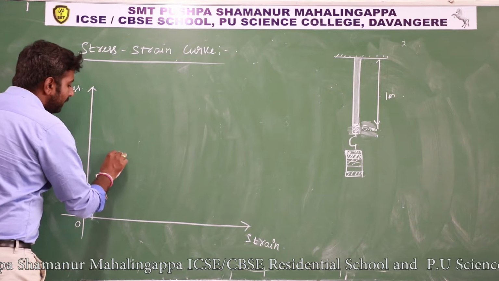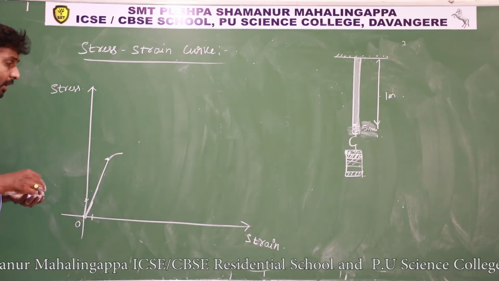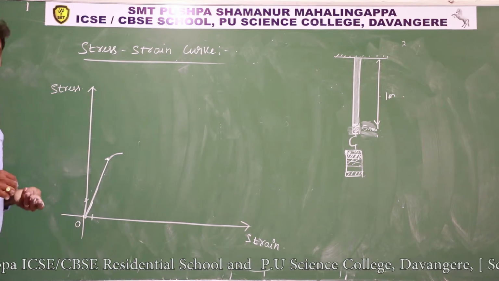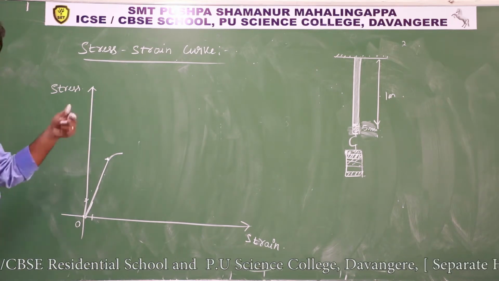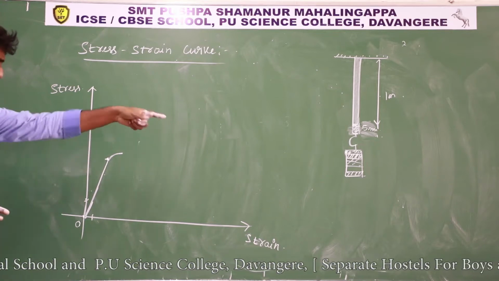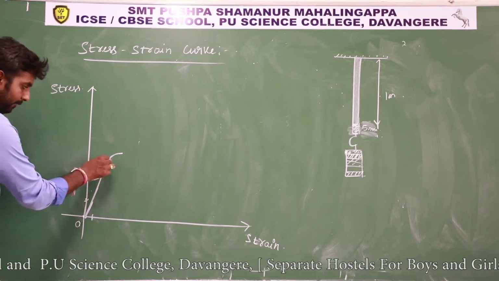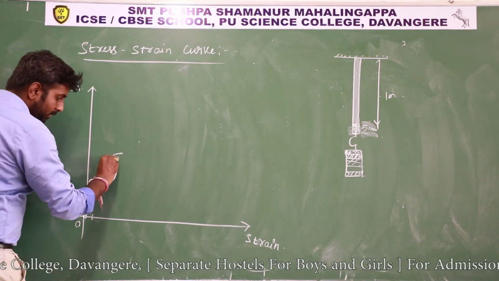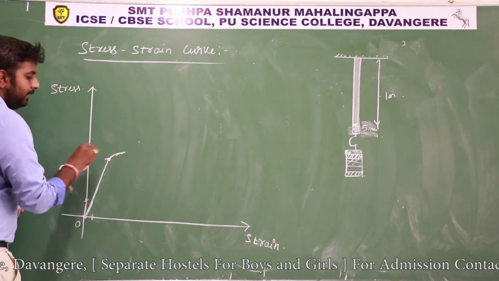Let us consider for 6 kg, the length increased is 6.5 millimeters. For each kg, we are observing the increase in length is 1 millimeter. But for the next 1 kg, after 5 kg, the length increased was 1.5 millimeters.